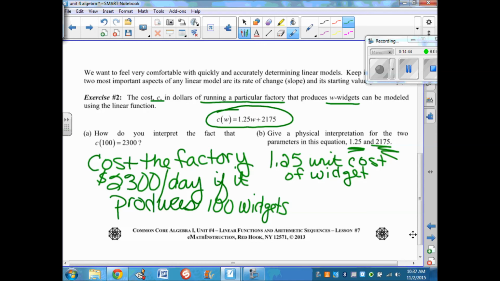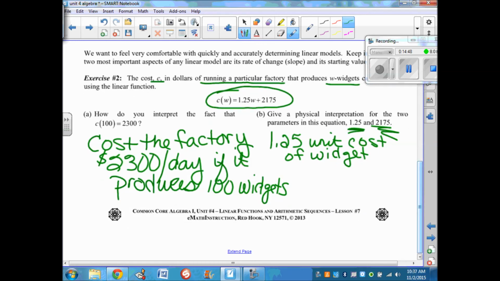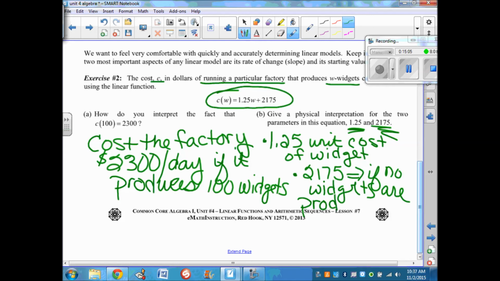And then that 2,175 is what it costs if no widgets are produced that day. Something happened to the factory, maybe things shut down.